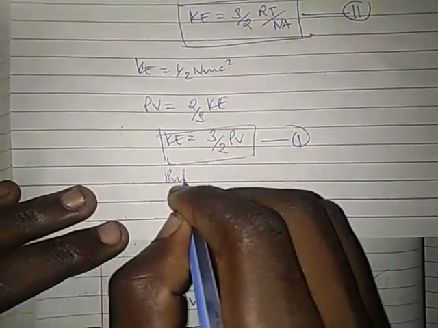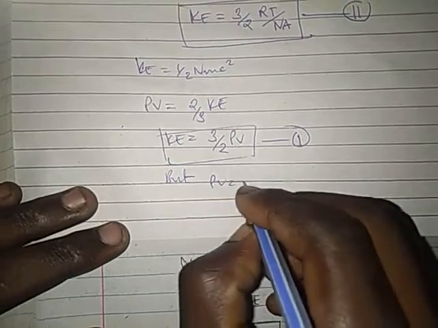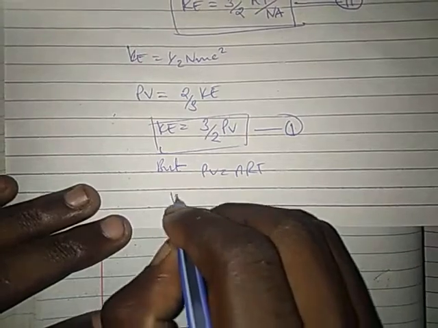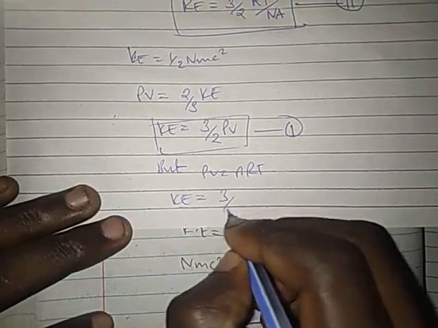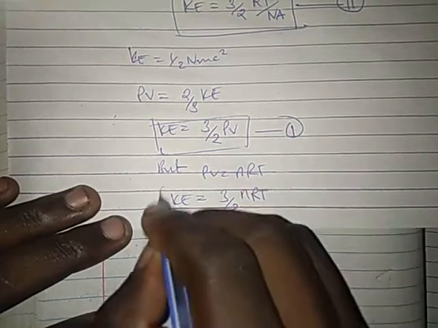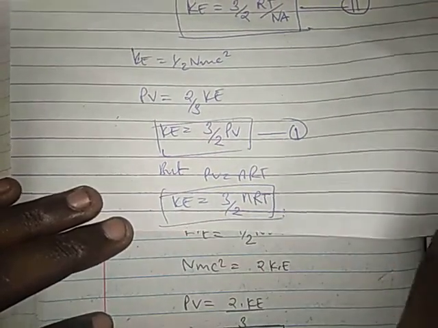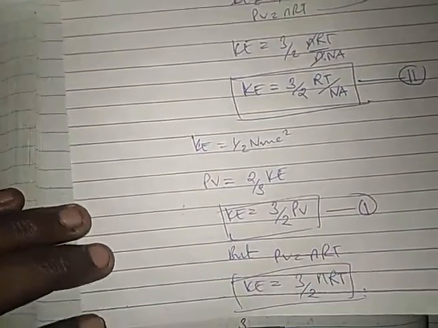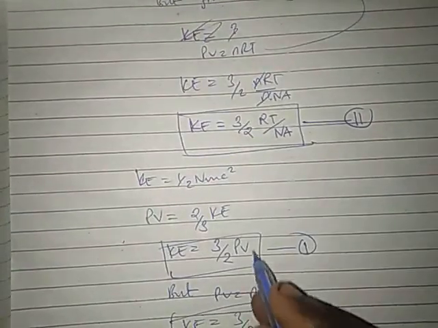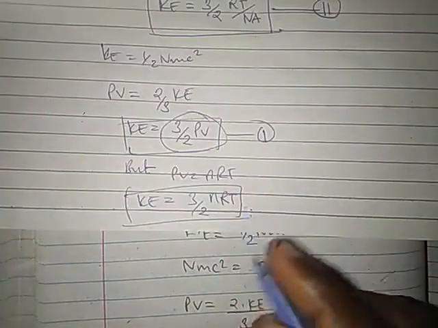But PV is equal to nRT, so kinetic energy is equal to 3/2 nRT. This is in case we calculate the kinetic energy of many molecules. So that is how the kinetic energy becomes 3/2 PV, or in other words 3/2 nRT, depending on whether you calculate for many molecules or for one molecule.